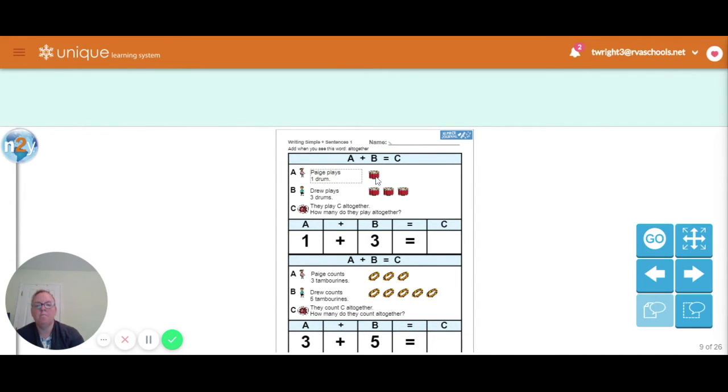There's one drum. Drew, who is B, plays 3 drums. 1, 2, 3. And they play all of them together. How many do they play all together? Let's count them all together. 1, 2, 3, 4.